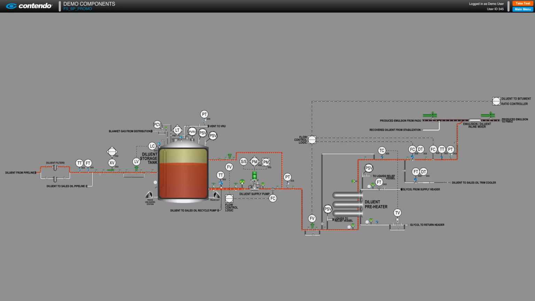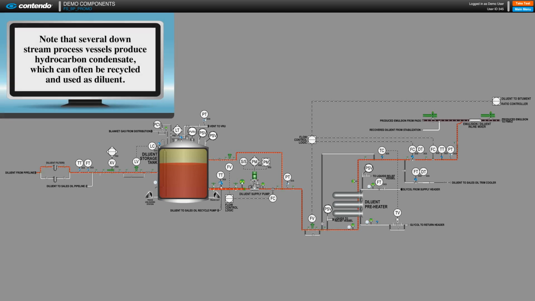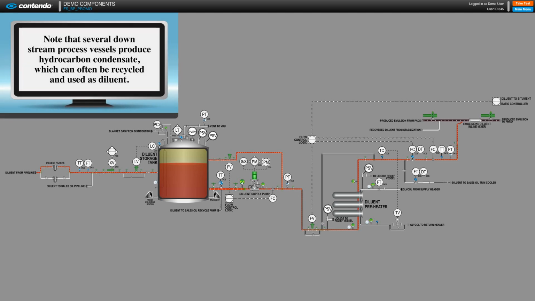We use a combination of narrated animations, text, and other visuals to demonstrate how a process operates. We start with diluent heating and injection into the produced emulsion for density adjustment of the bitumen. Note that several downstream process vessels produce hydrocarbon condensate, which can often be recycled and used as diluent.